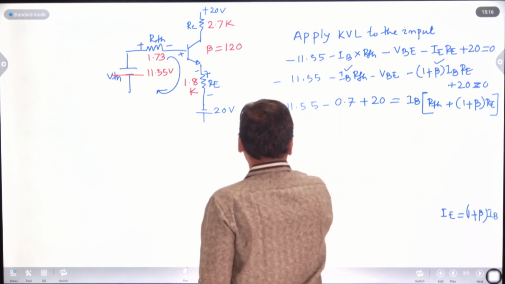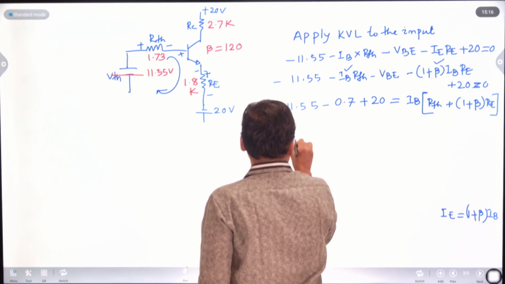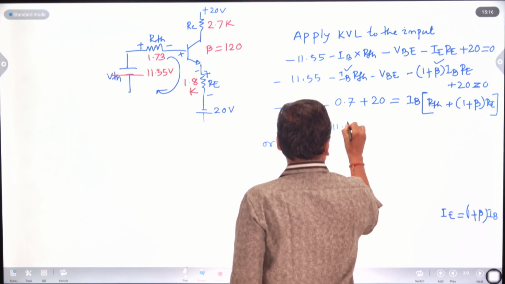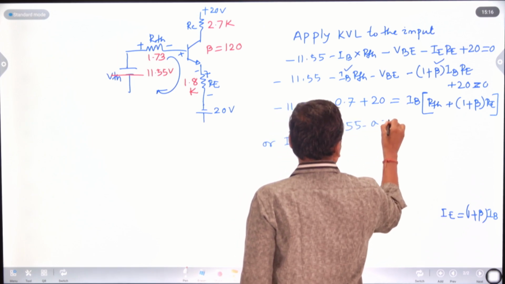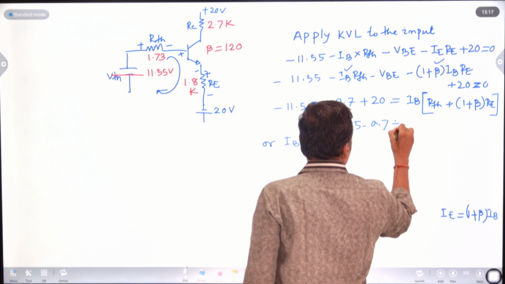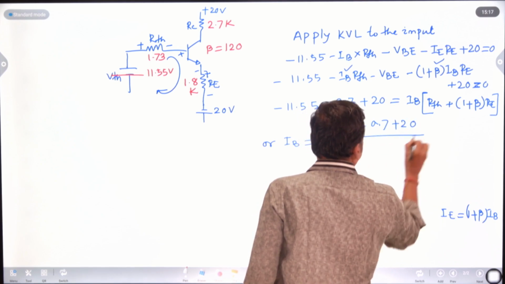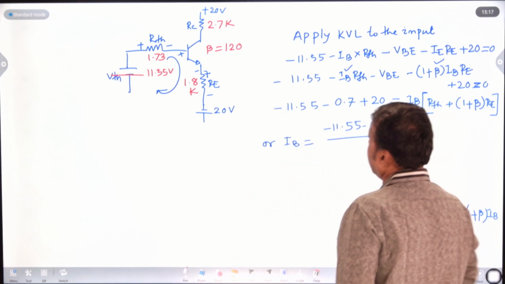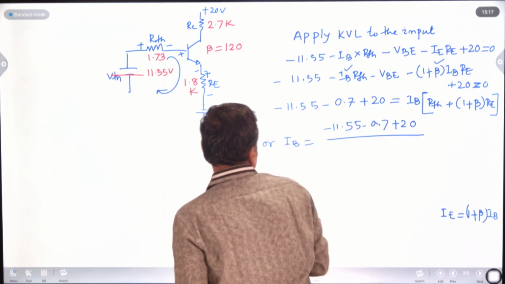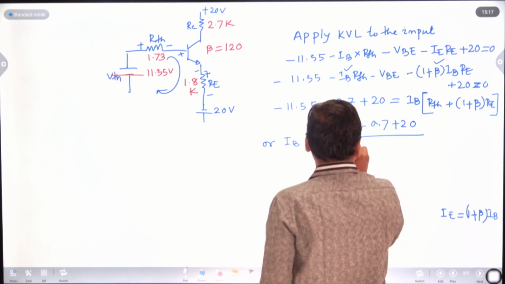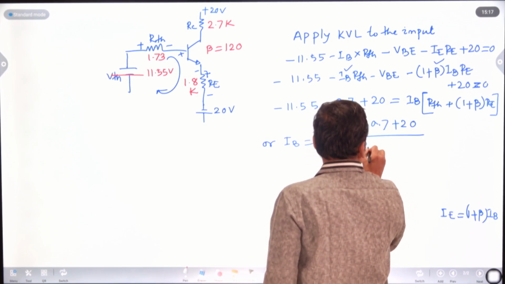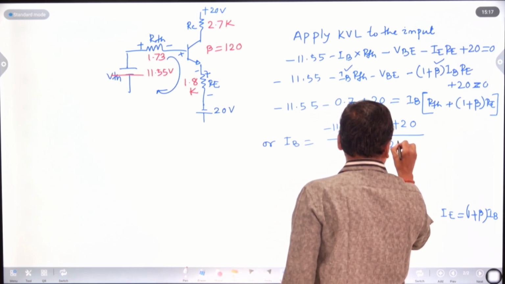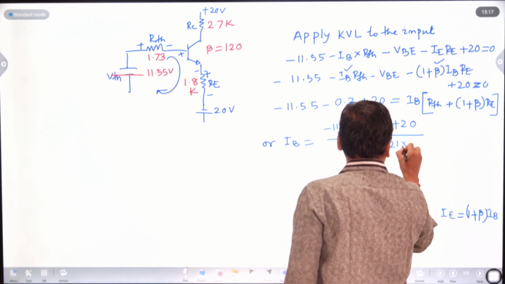Or IB equals minus 11.55 minus 0.7 plus 20 divided by RTH plus 1 plus beta whole into RE. RTH is already mentioned as 1.73. So RTH is 1.73 plus beta is 120, 120 plus 1, that is 121, into RE.